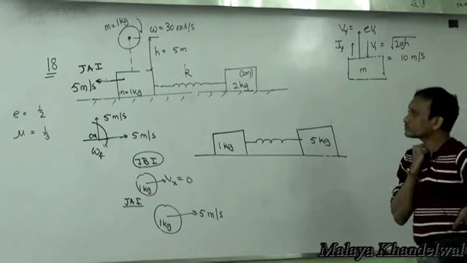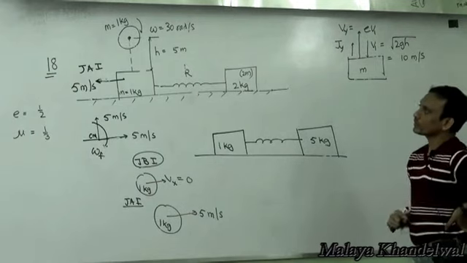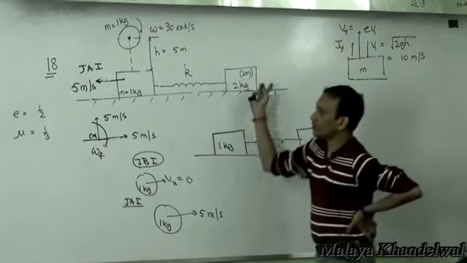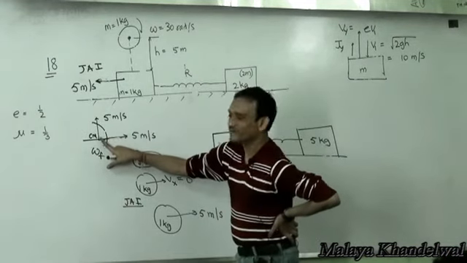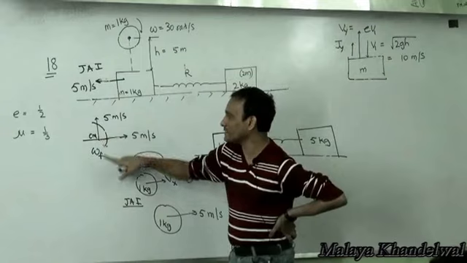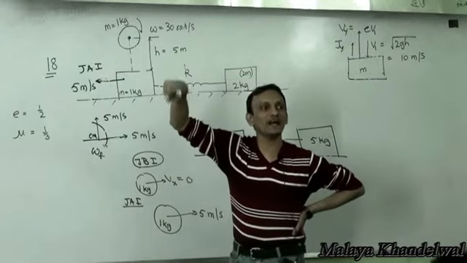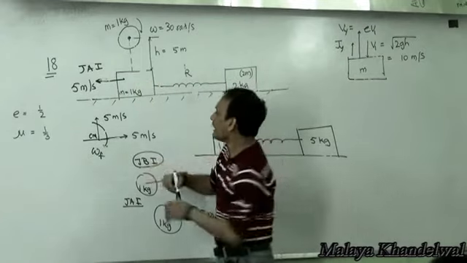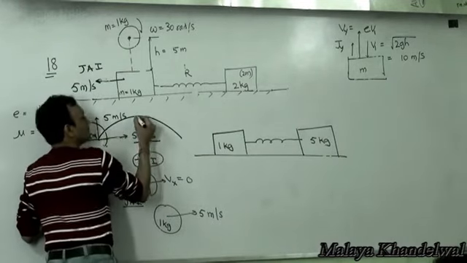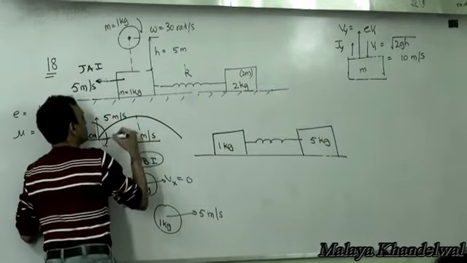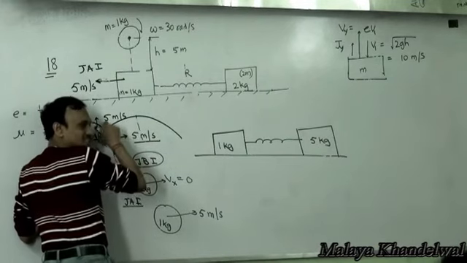Now, once I understand this, the ball, just after impact, moves with omega f, and it undertakes a parabolic trajectory. Horizontal velocity 5 meters per second, vertical velocity 5 meters per second. The horizontal remains constant, the vertical changes with time.